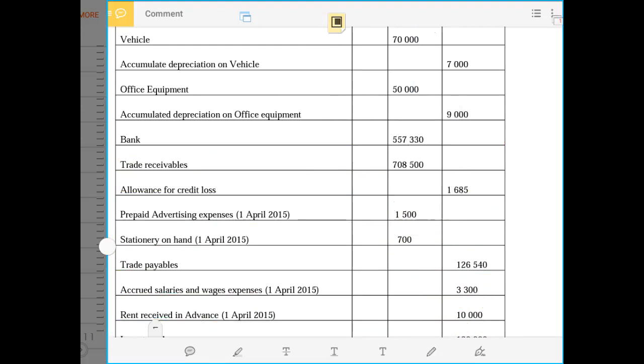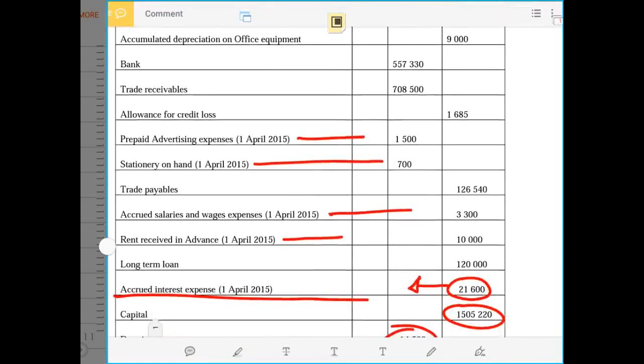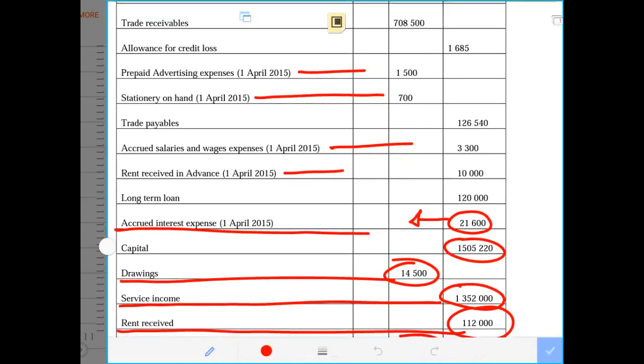So now we first start with the reversal, where we reverse our prepaid expense, reverse our stationery, reverse our accrued expense, reverse our rent received in advance. Then after we do the reversal of the accrued interest expense of 21,600.